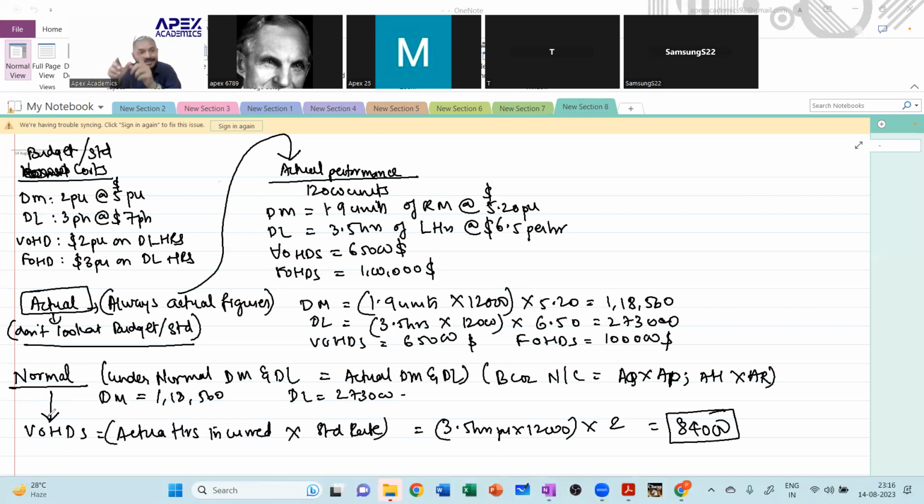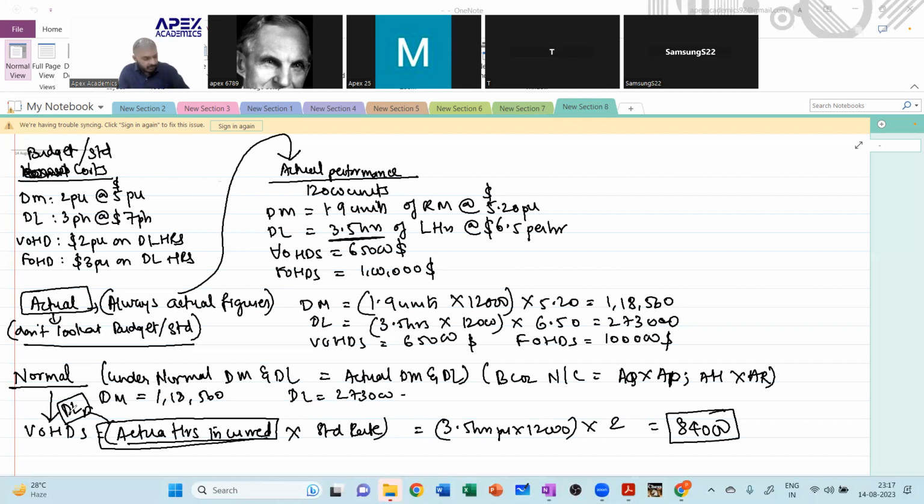What are your actual hours? Your actual hours are 3.5 hours per unit. Actual hours incurred are your actual direct labor hours. Why direct labor hours? For a very simple reason: variable overheads will be incurred as long as the direct labor was working.